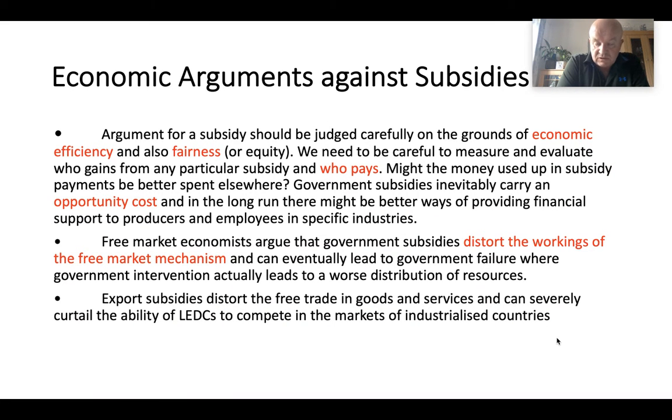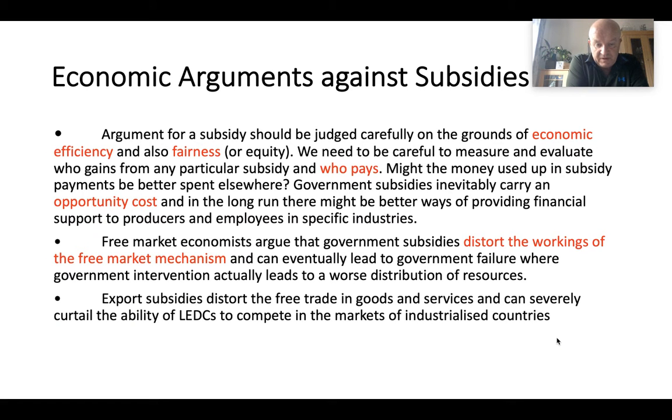So, for instance, we've got to bear in mind that whilst a subsidy seems to be a good idea, we've got to think about the economic efficiency and fairness or equity of that particular subsidy. So who's going to gain from that particular subsidy and who's going to pay for it? And it might well be that the opportunity cost of using that money for a particular subsidy means that it might be better spent elsewhere.